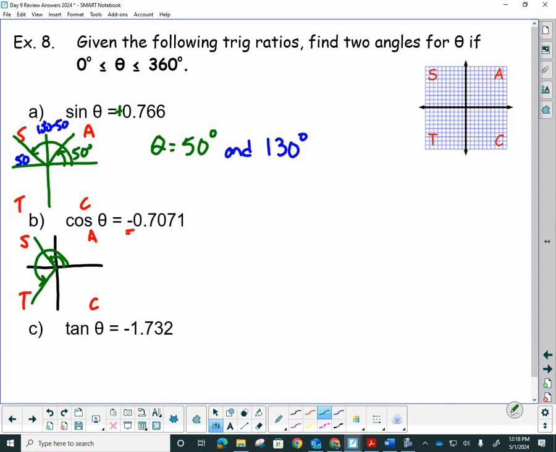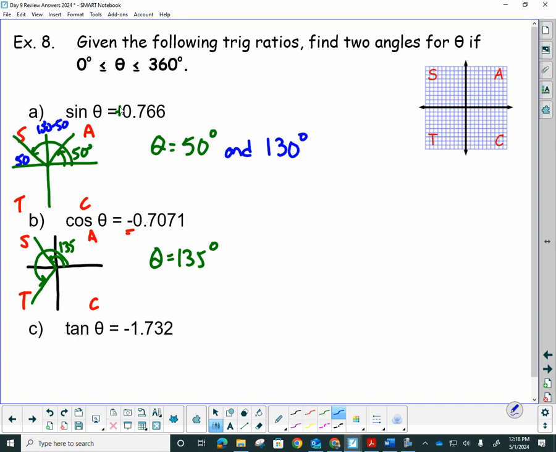I go to my calculator, and my calculator is successful and tells me the answer is 135. That's great news. So that means this is 135. Figuring out what the actual answer is for the second one requires some puzzling.